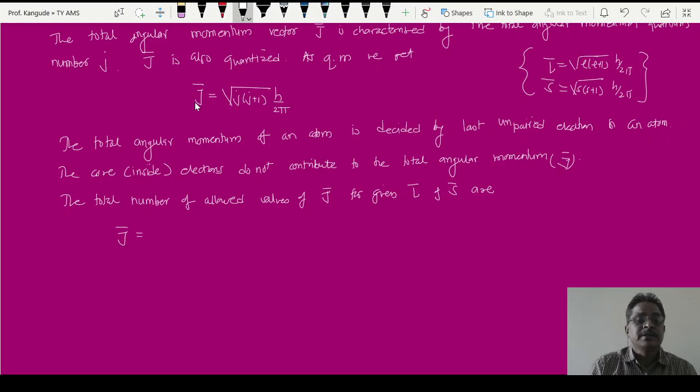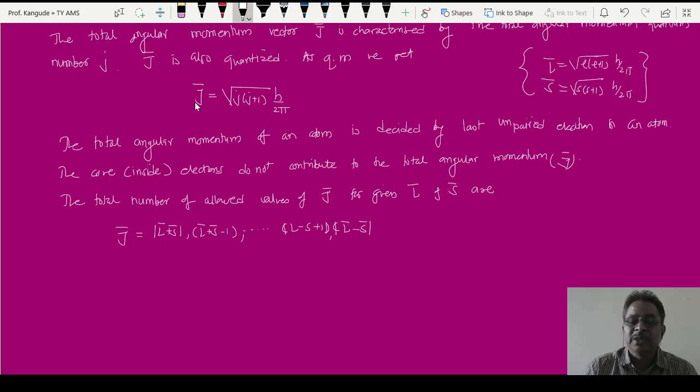J bar is given by the maximum, modulus L bar plus S bar, then the next value is L bar plus S bar minus 1, up to L bar minus S bar plus 1, and the final value is, with every value being a modulus, L bar minus S bar.